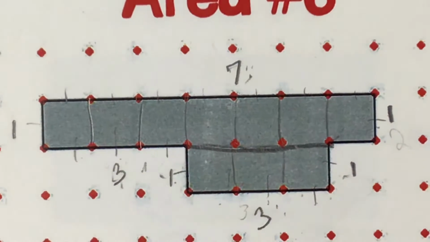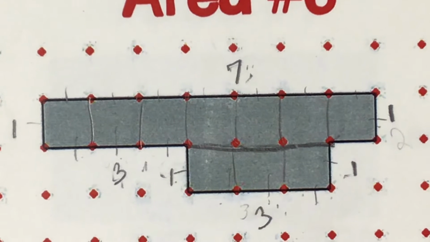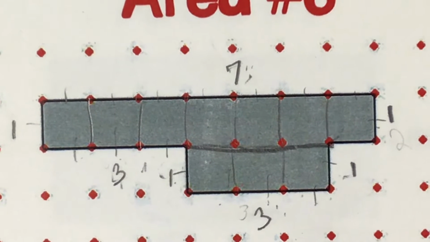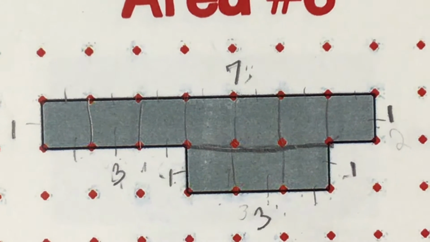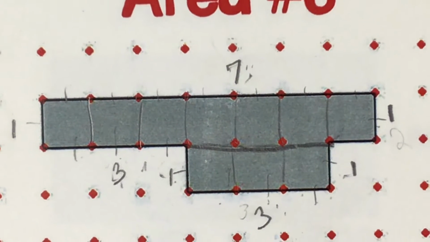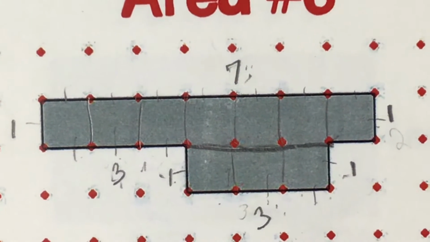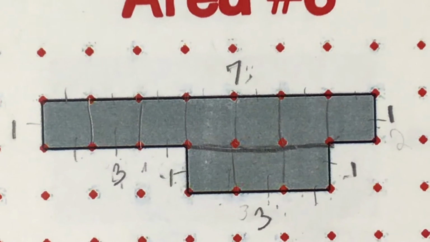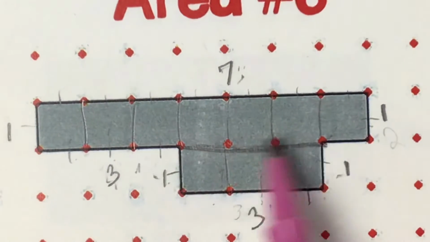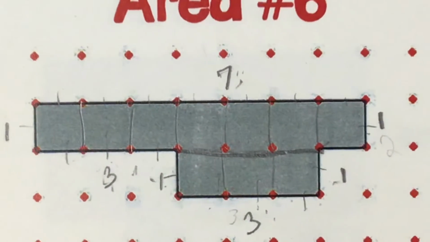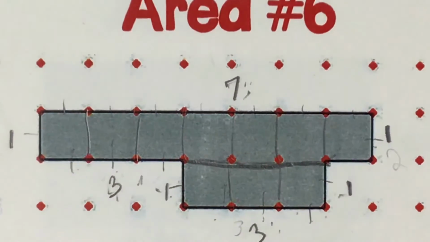Now, this one actually has some writing on it, but this is not a rectangle, is it? So can I use area equals length times width? No. Okay, could I if I divided this into 2 rectangles? Yes, so there are still 2 ways to solve it.